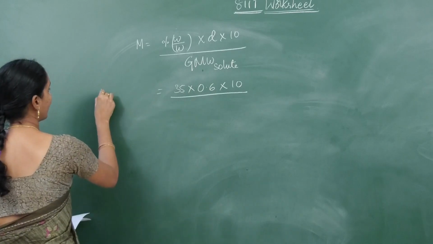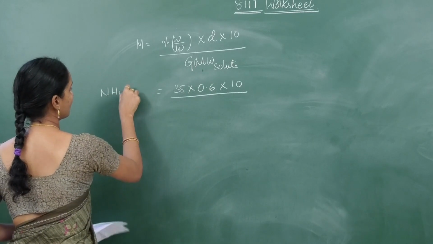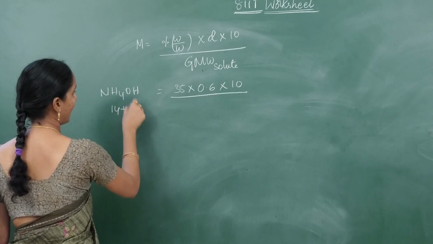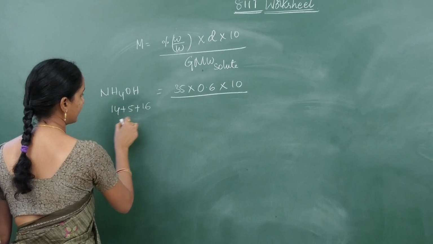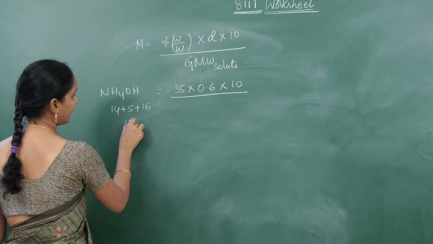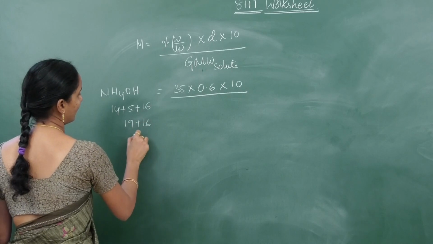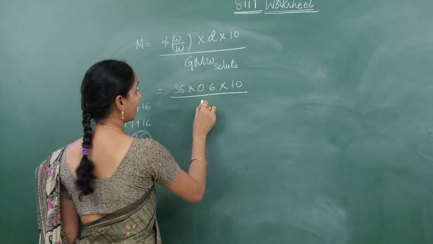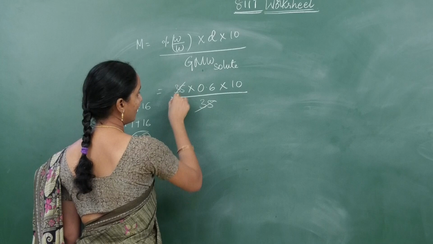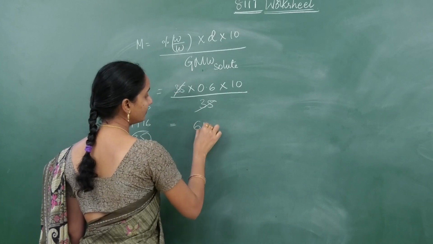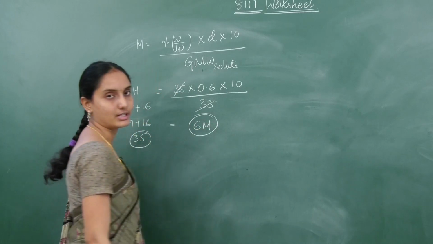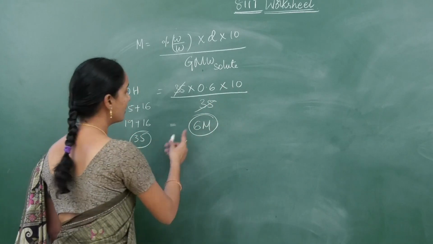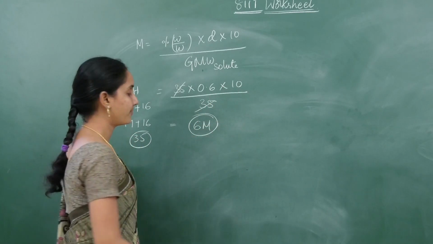What is the solute taken here? NH4OH, children. Nitrogen is 14, 5 hydrogens, and 1 oxygen, that is 16. So total 19 plus 16 is 35. So the gram molecular weight of solute is also 35. So 0.6 into 10, that is 6 molar. Molarity we got is 6 molar.